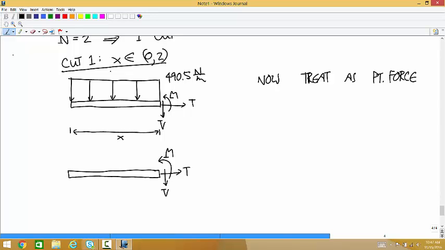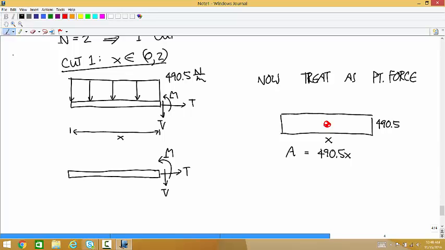And so that rectangular distributed load has a height of 490.5 and a length of x, so the area is 490.5x. The centroid is right in the middle. And so we have a downward force of 490.5x acting right at the midpoint.